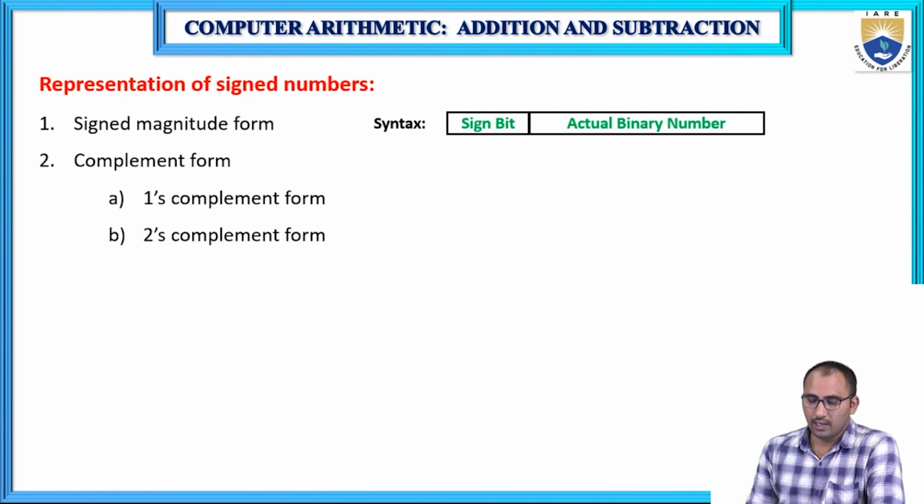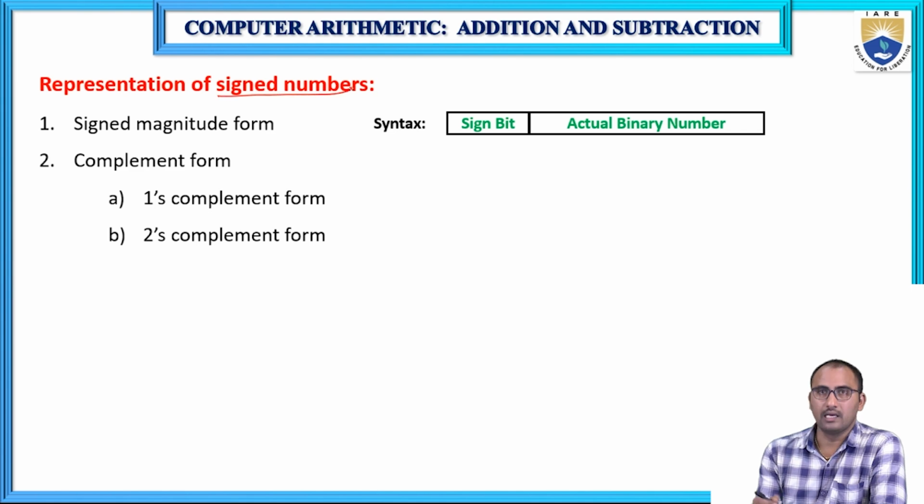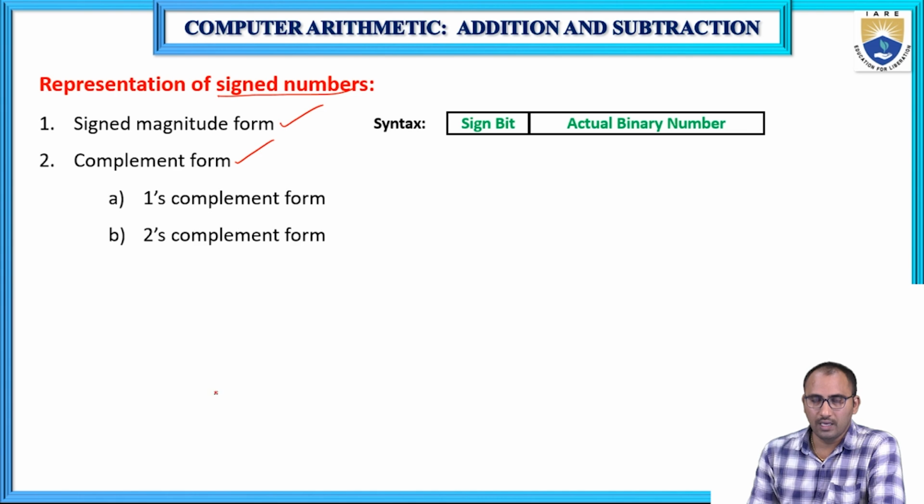Okay. So here we are performing these arithmetic operations on signed numbers. The signed numbers we can represent in two ways: the signed magnitude form and the complemented form. In signed magnitude form, the syntax is a sign bit followed by the actual binary number.